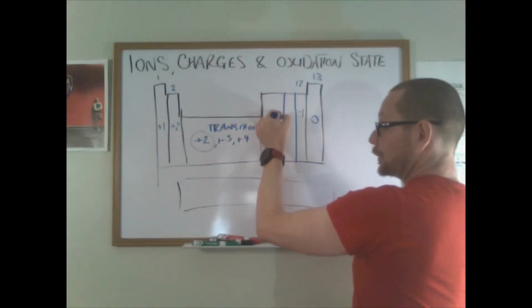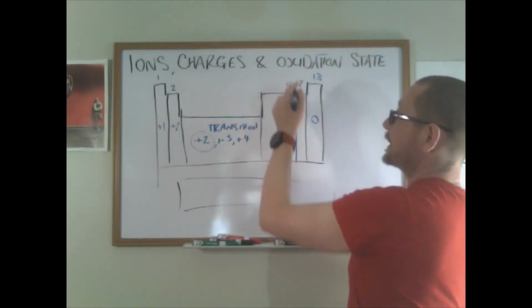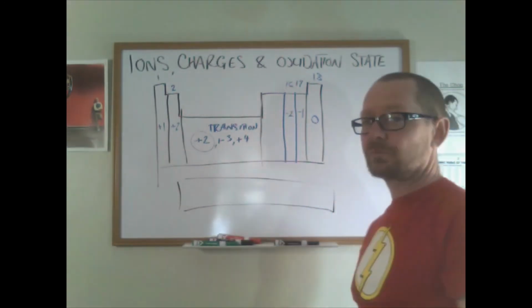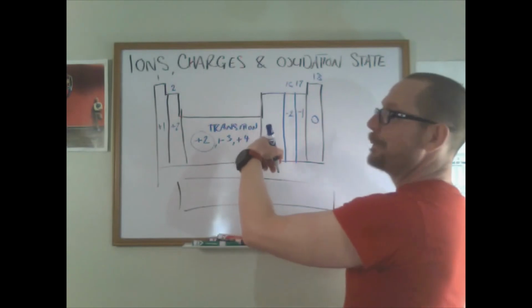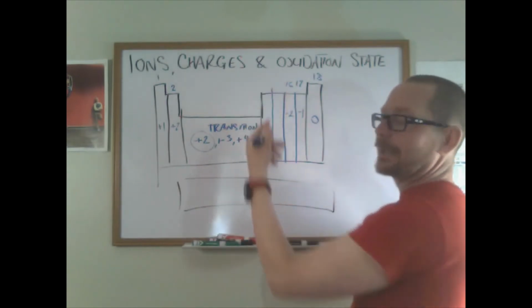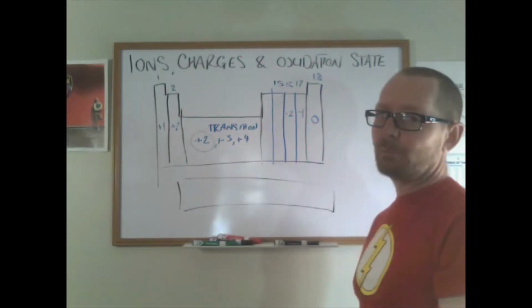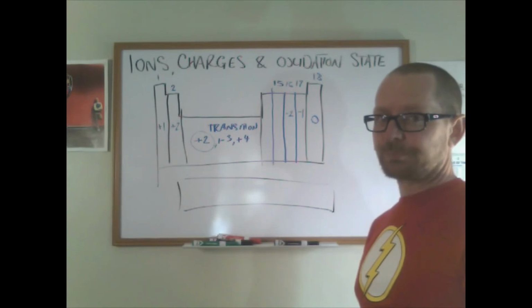Then the chalcogens with oxygen on top, that's group 16, typically like to go to a -2. But then it gets sort of complicated. I'd like to say that the pnictogens, group 15 with nitrogen on top, like to go to a -3. But we have a problem.